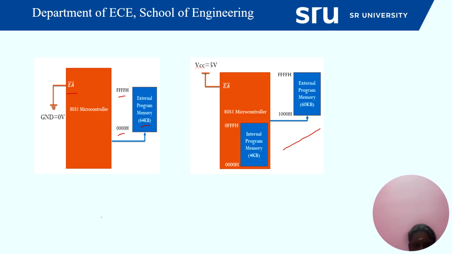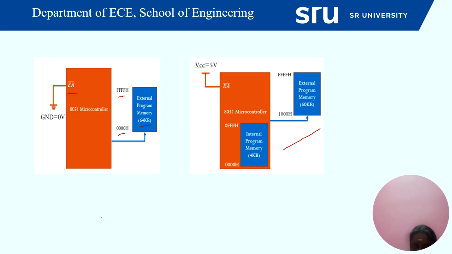Now, internal memory is 4 kilobyte capacity only. We cannot change it. It is already available in the 8051 microcontroller. External memory, 64 kilobyte is available. But we cannot use the first 4 kilobyte in the external memory. Why?